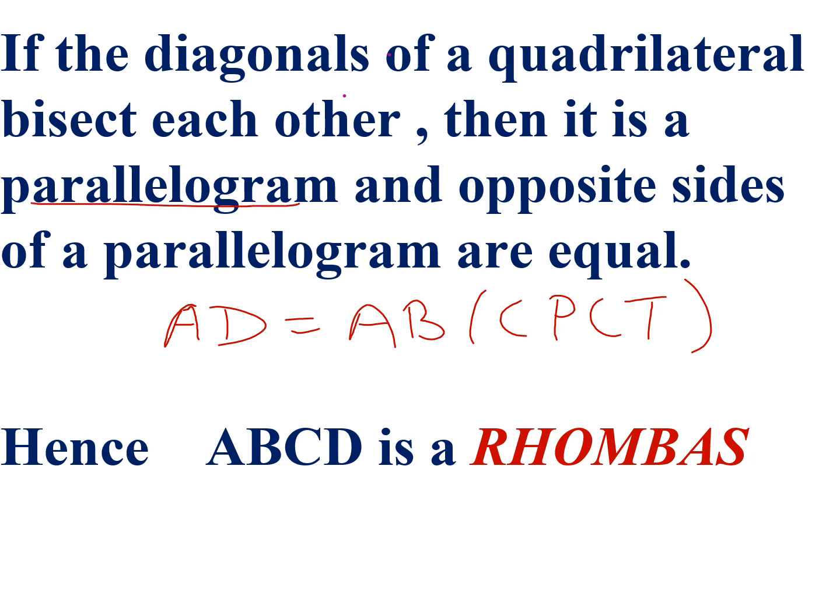Since we have shown that two adjacent sides are equal and the opposite sides of a parallelogram are already equal, all the four sides are equal. So ABCD is a rhombus. Let us move to the next question.